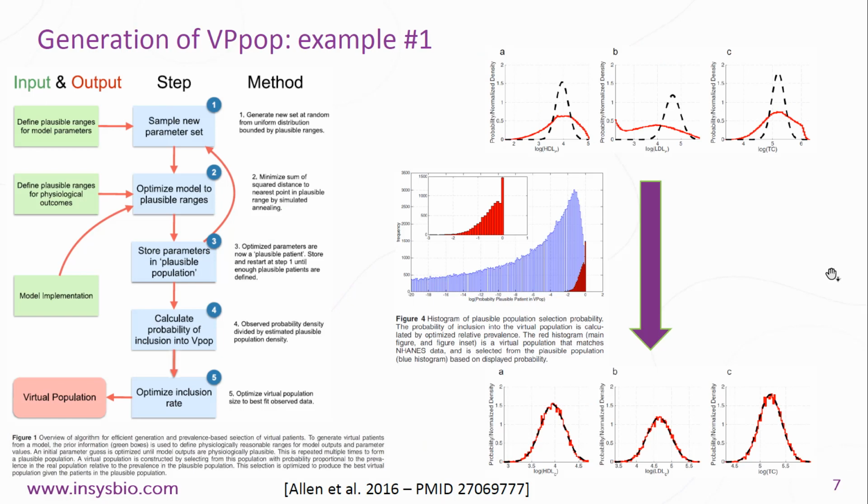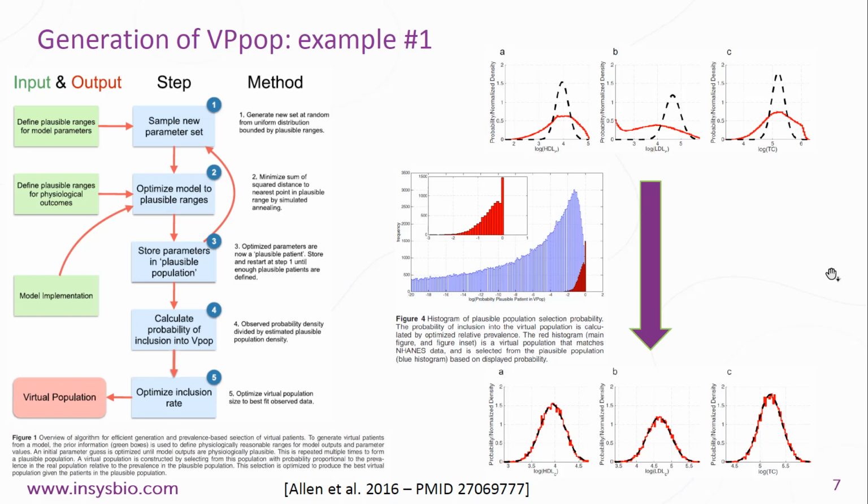The second general approach is the generation of virtual patient populations. There are at least several published manuscripts describing different methods and approaches to generate virtual patient populations. I decided to show you this manuscript and this approach, which was published by Allen and co-authors in 2016. So the general idea of the approach is the following.